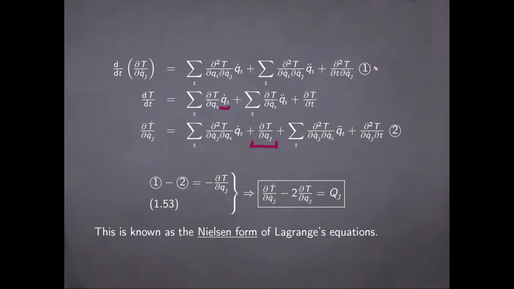And you see that if we subtract 2 from 1, these terms vanish, these terms vanish, and these terms vanish, but this one survives. So their difference is equal to this thing. And if we put it in the previous result in equation 153, we end up with what is known as the Nielsen form of Lagrange's equations.